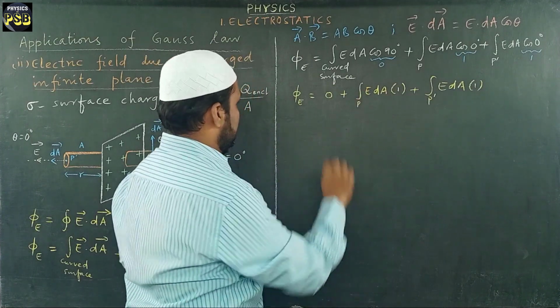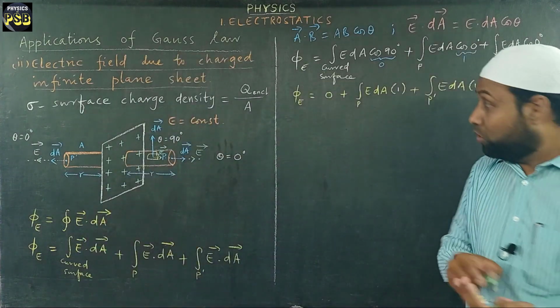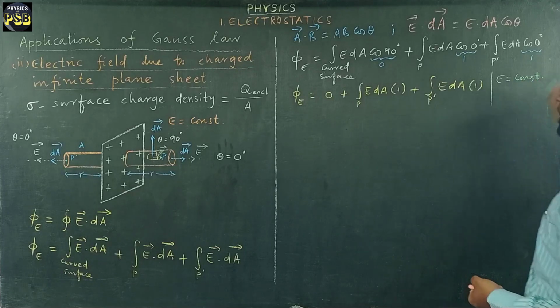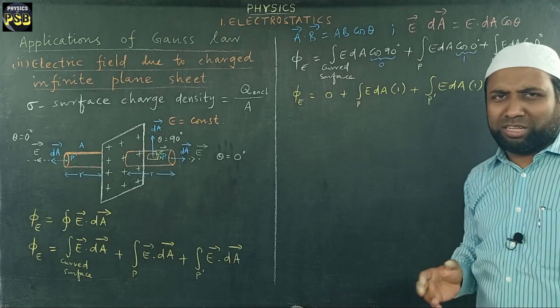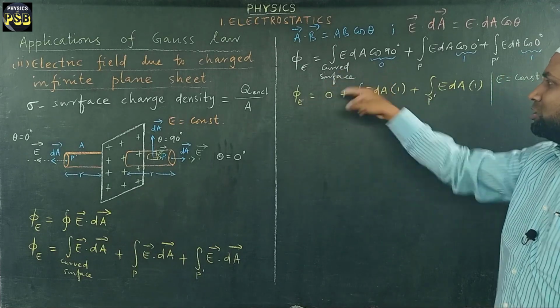Now this can be written in this way. We know that E is a constant. When we integrate, a constant is taken outside the integration. So here E is the constant, so it is taken outside.